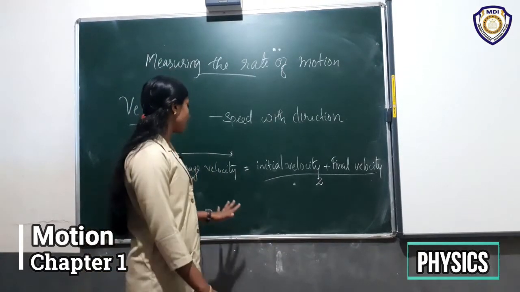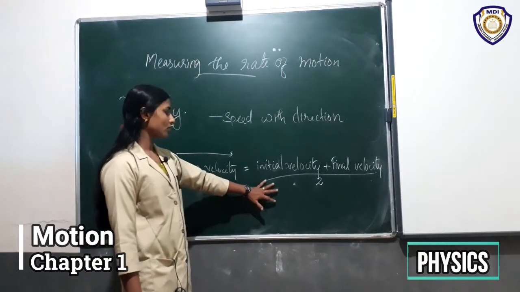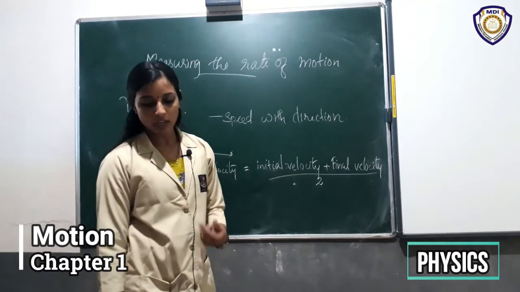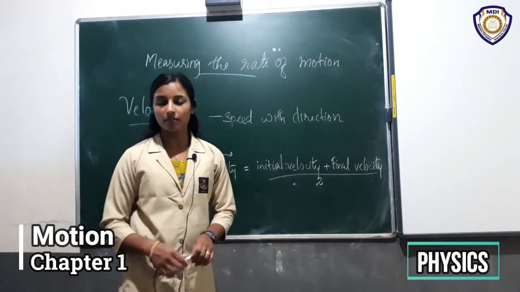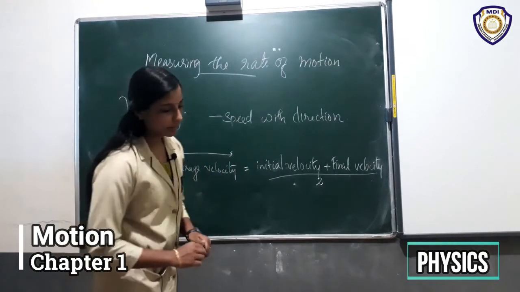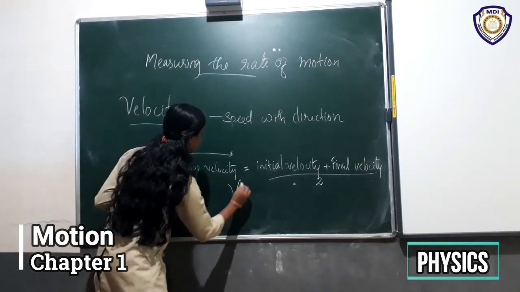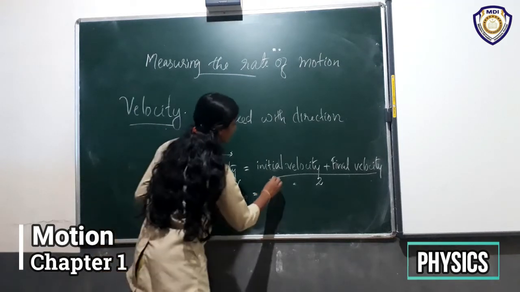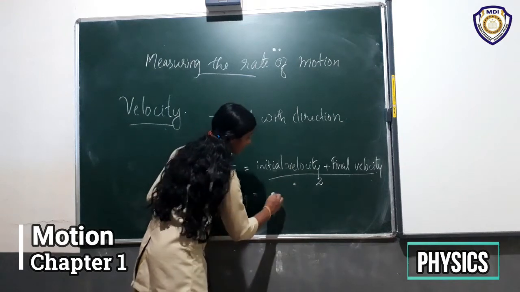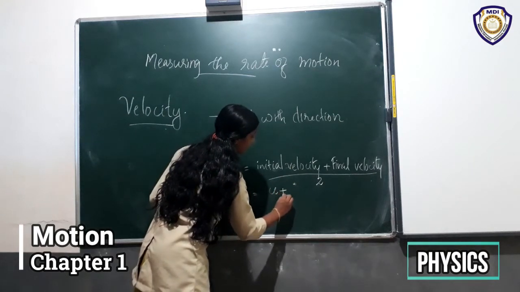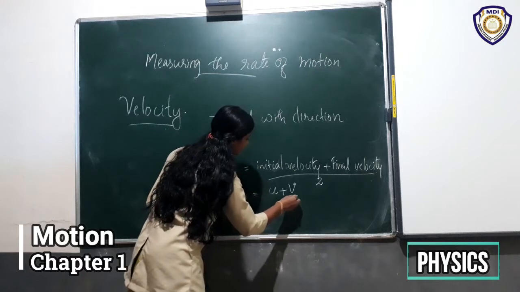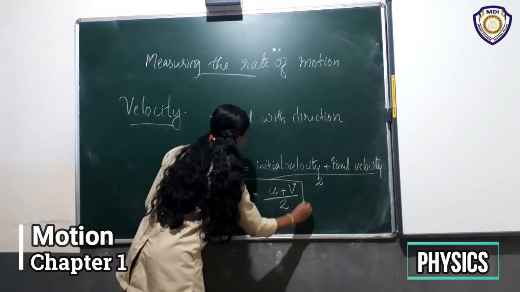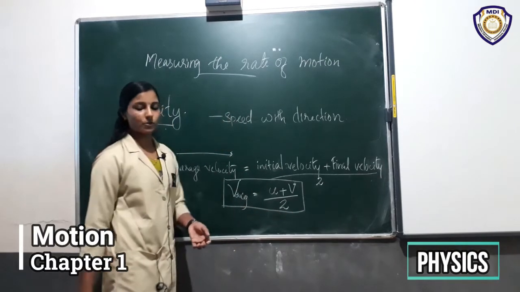So average velocity is given as the arithmetic mean of its initial and final velocities, right? Mathematically we can give it as V average is equal to u plus v by 2, where initial velocity is u and final velocity is v. This is the average velocity of an object, right?